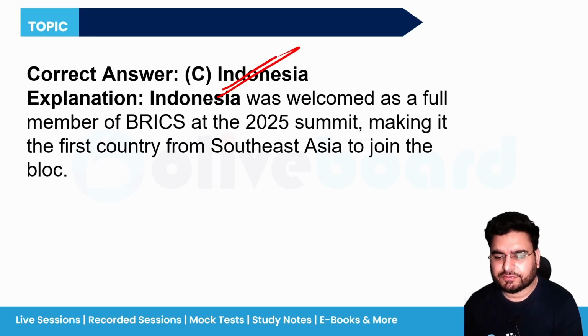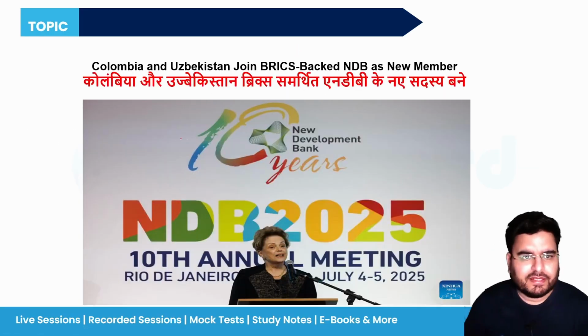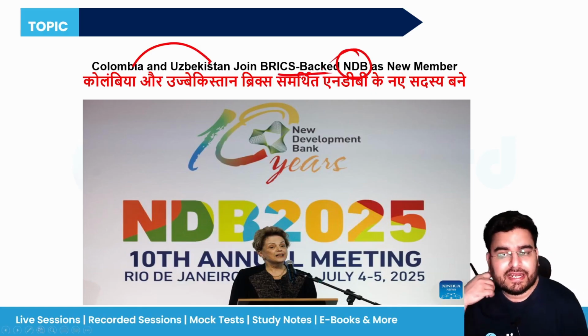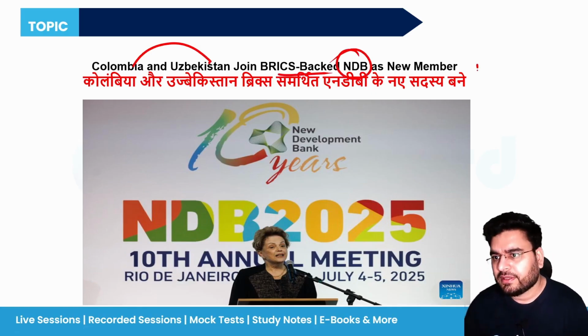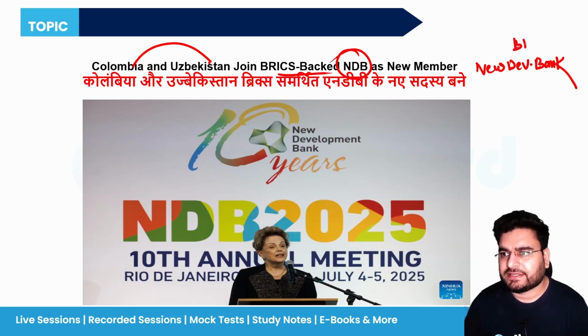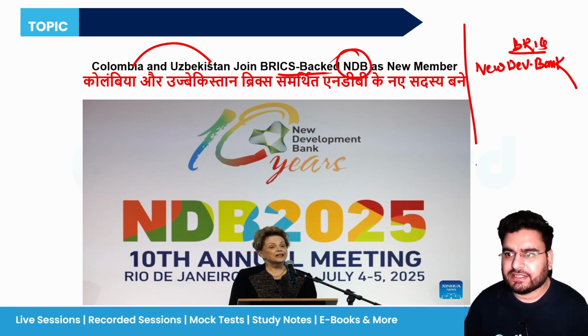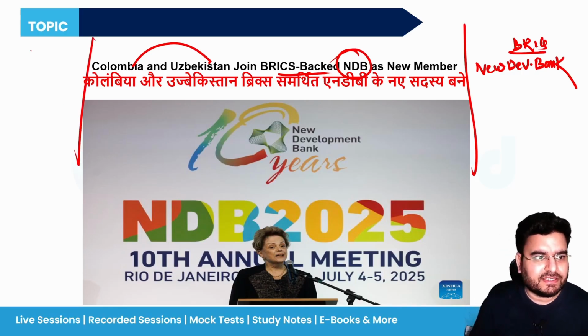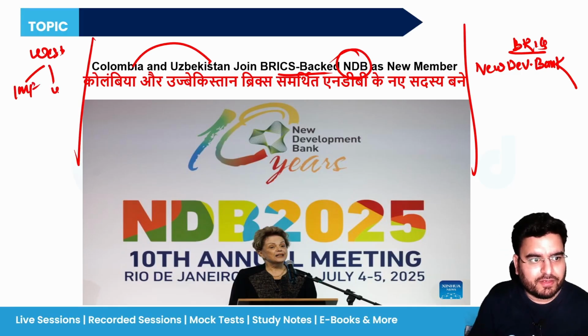Got it? Next is Colombia and Uzbekistan join BRICS Bank NDB as new members. NDB is what? New Development Bank. It is under BRICS. See, it is in the east, just like in the west we have the IMF and World Bank.